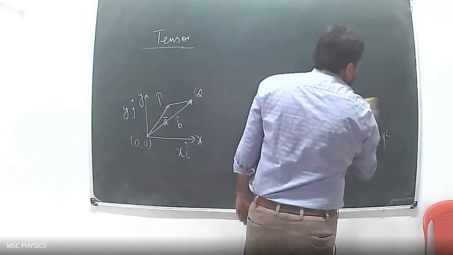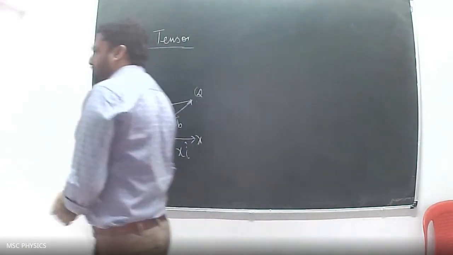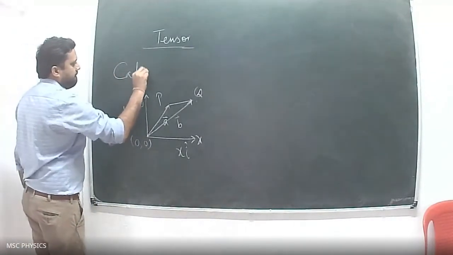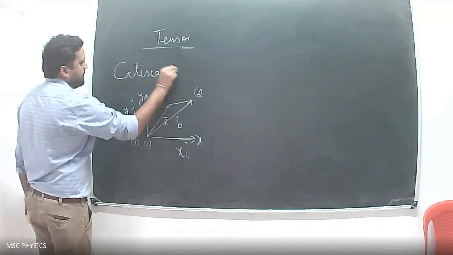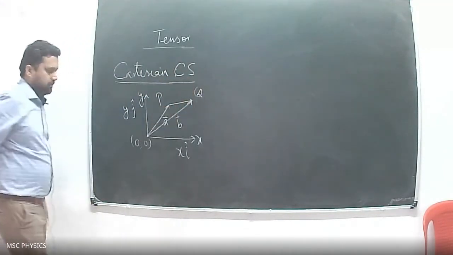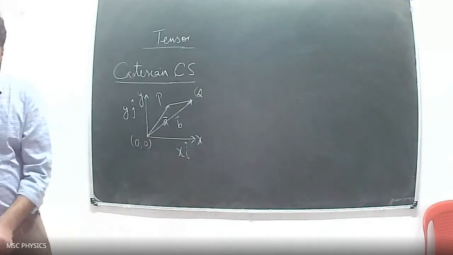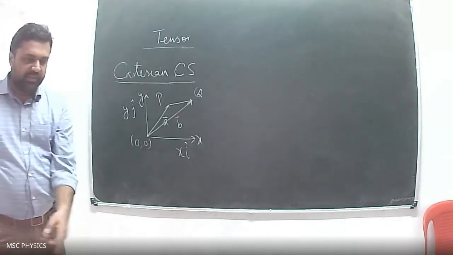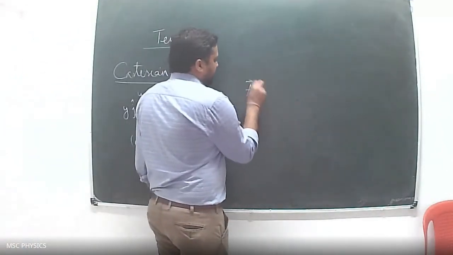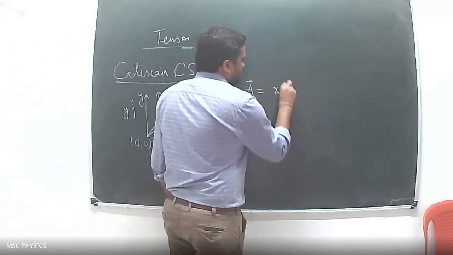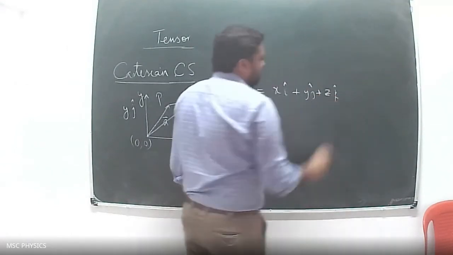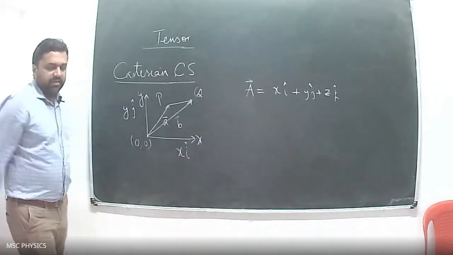All right. So whatever we are talking about is about the Cartesian coordinate system. One last thing I want to tell you is the direction cosines. So basically, I will again write my vector. Vector A is, let's say, xi plus yj plus zk, and x, y, z can have any value.